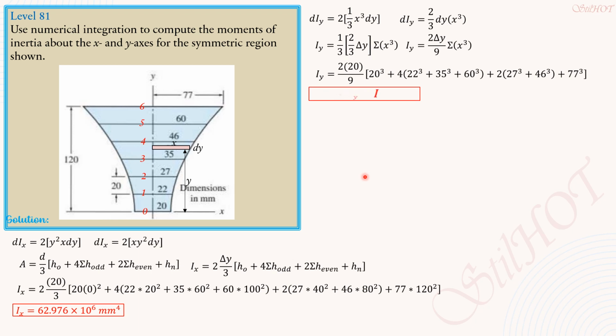So computing iy is equal to 7.896 times 10 to the 6 mm to the fourth.